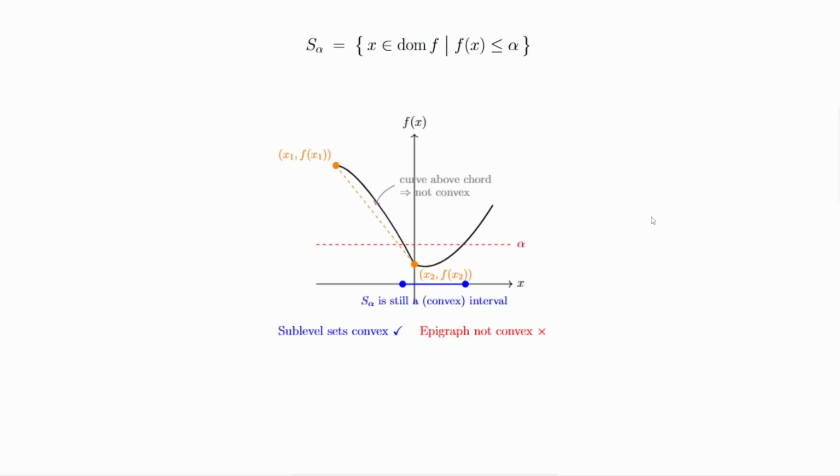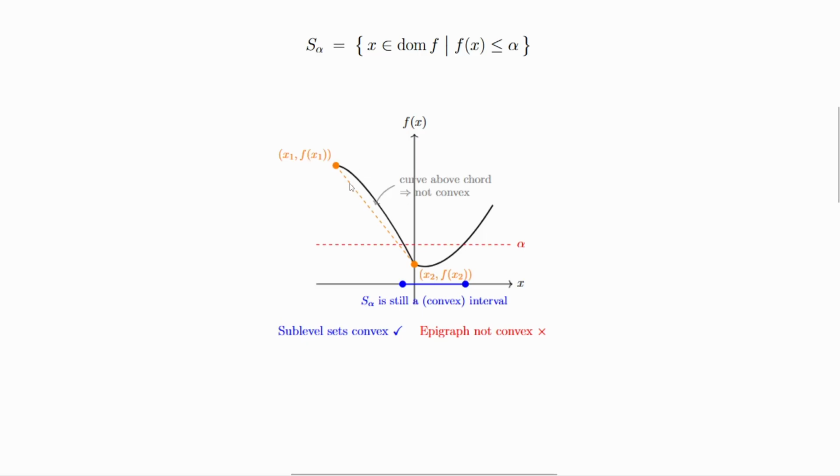Here's an example to demonstrate how that's possible. Here we can see that f clearly is not convex. One way to see that is to look at the epigraph, the set of points above the graph of f. Clearly the set is not convex.